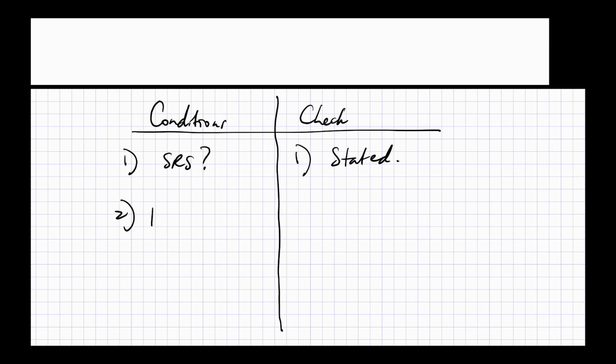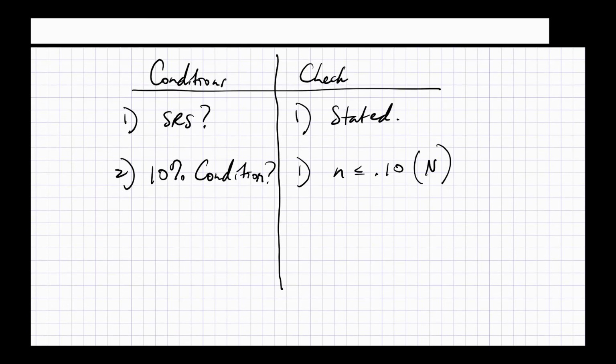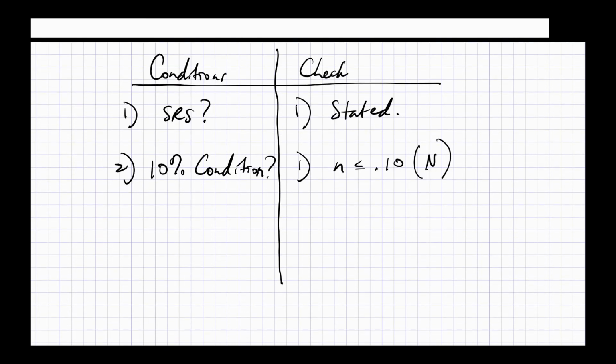Number 2 is the 10% condition. So n is less than or equal to 10% of big N. What is little n? 150, less than or equal to.